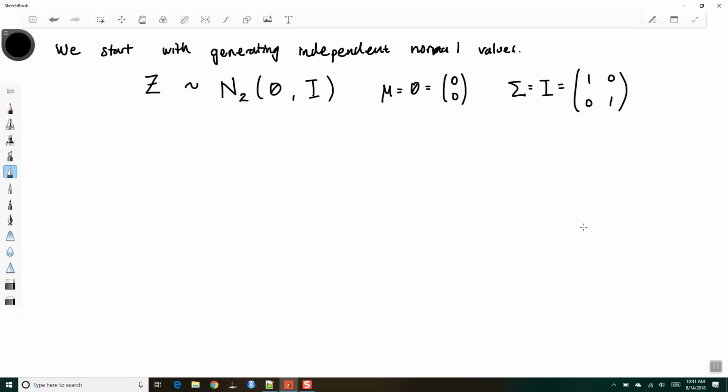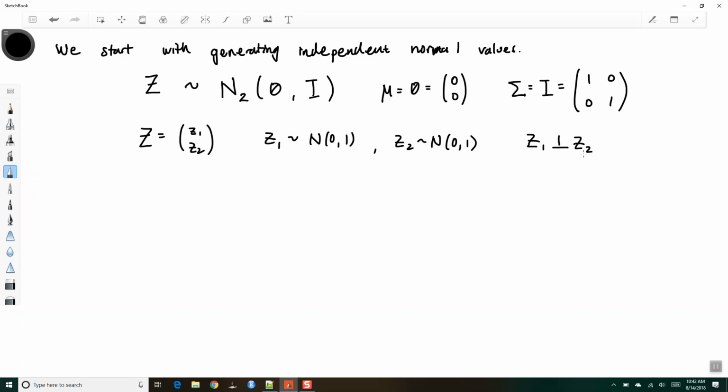So basically, Z1 and Z2 are just standard normals, right? So if Z is equal to Z1 and Z2, Z1 comes from the standard normal, and Z2 comes from the standard normal, and Z1 and Z2 are independent of each other.